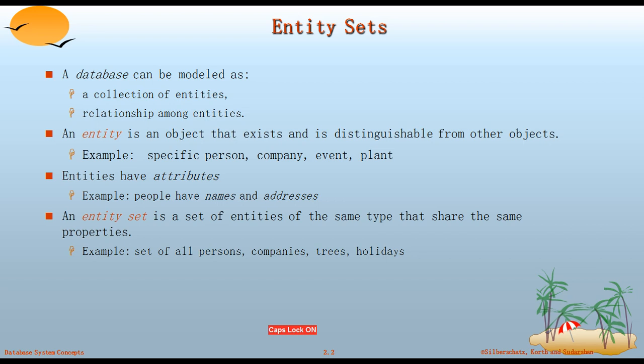For example, the set of all persons, companies, trees, holidays. Here it is common to all persons, so it is called an entity set.